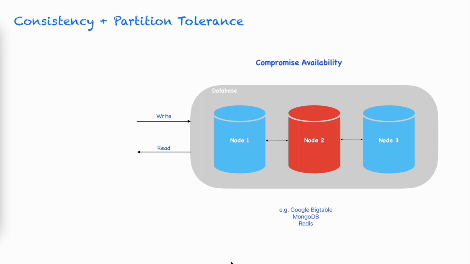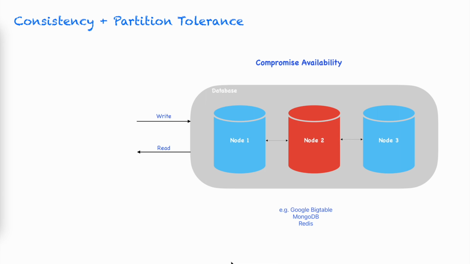So if that is our requirement, but one of the nodes is down, and by any chance that written data is on that node also, so the sync process between the databases is still in progress, then we have to stop the read requests.